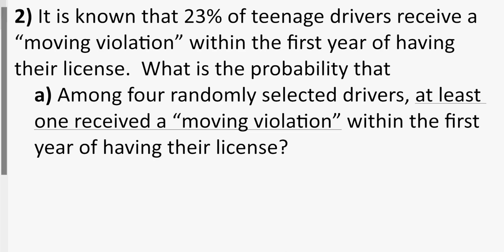Okay, we're going to pick 4 random drivers. We want to know out of those 4, at least one, because it could be 1. We'd have to find the probability of exactly 1. Then find the probability of exactly 2. Then exactly 3. Then exactly 4. Each of those might take a lot of work, and then we have to add them all up.